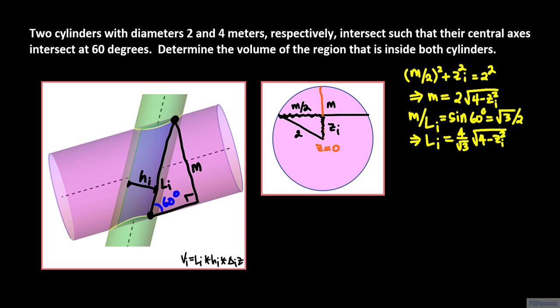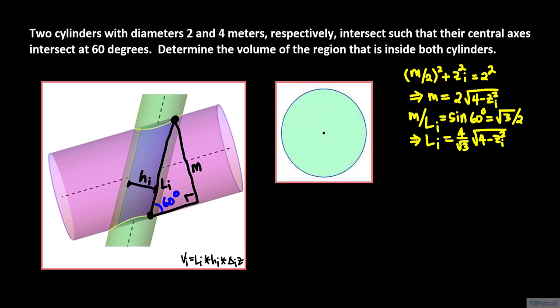To find h sub I in terms of z sub I, this time we'll look straight along the central axis of the small cylinder. This segment is segment h sub I. The z-axis is still perpendicular to the plane of the two central axes with z equal to 0 on this plane. Also, h sub I is at z equals z sub I. The length of this segment must be equal to h sub I over 2.